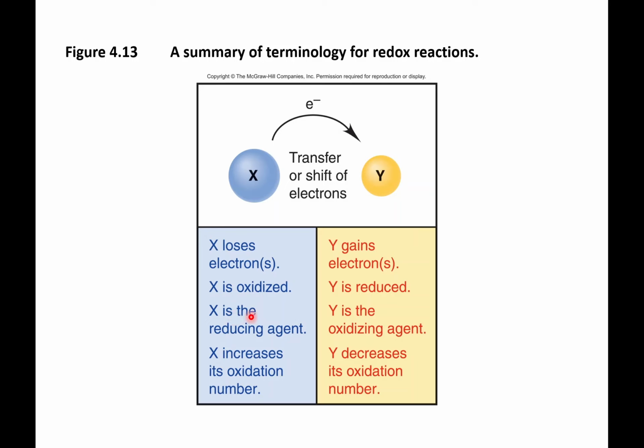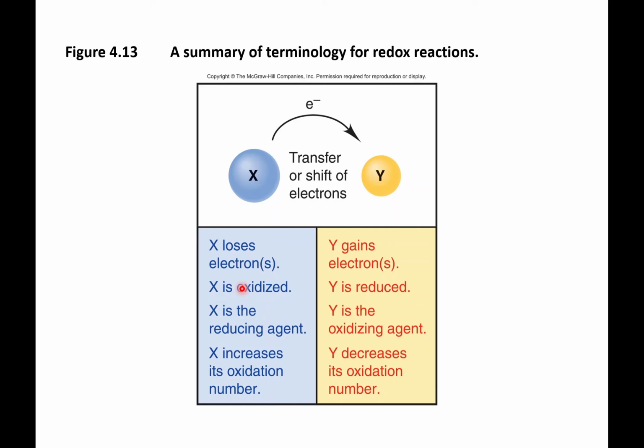We can call X the reducing agent because it's being oxidized and causing something else to be reduced. And also, in terms of oxidation number, X increases its oxidation number. That's why we call this term oxidized.